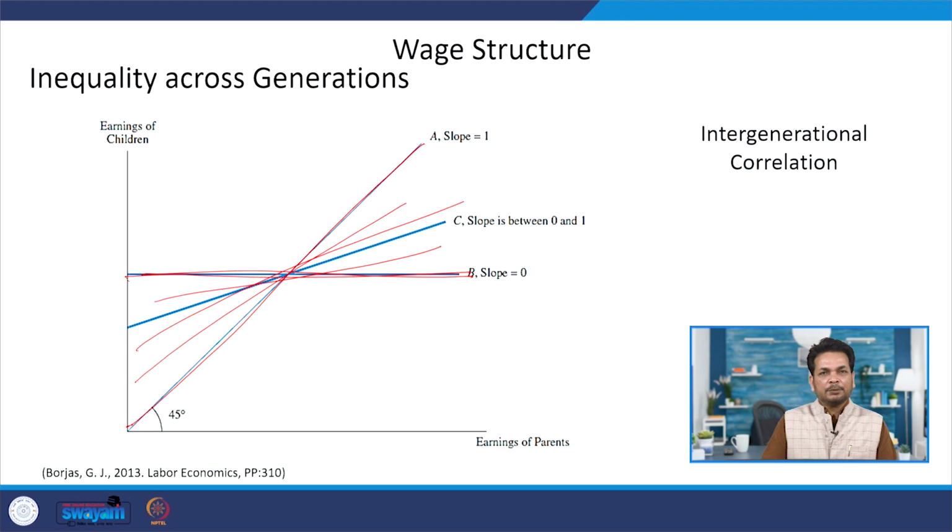Now, how can we interpret these intergenerational correlation coefficients? Recently, consider Gary Becker's work in 1986, Gary Becker and Nigel Tomes, in their paper Human Capital and the Rise and Fall of Families. They found that the intergenerational correlation between the earnings of the father and the children was on the order of 0.2.